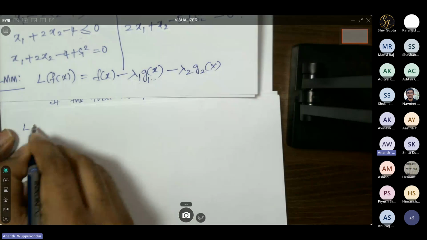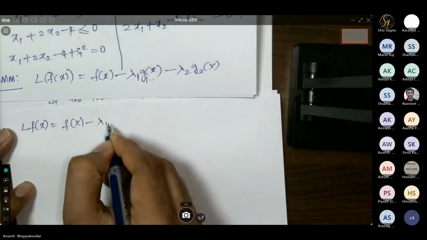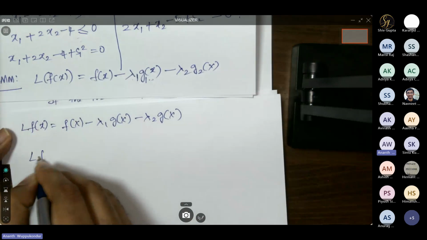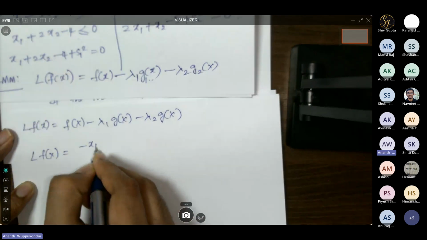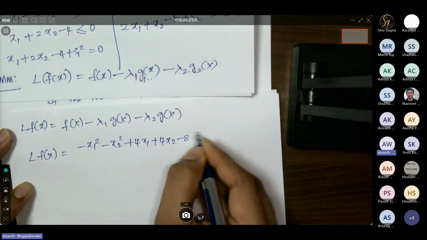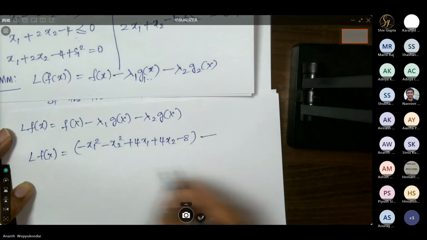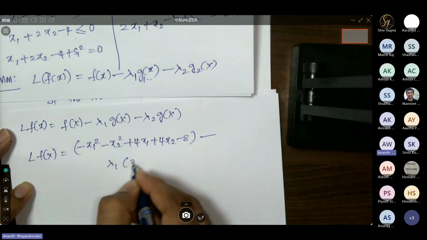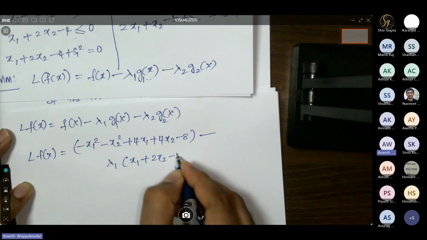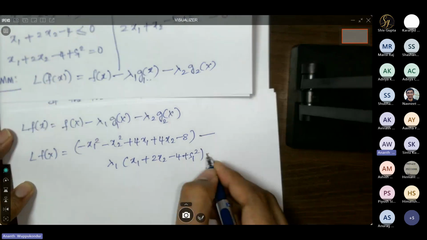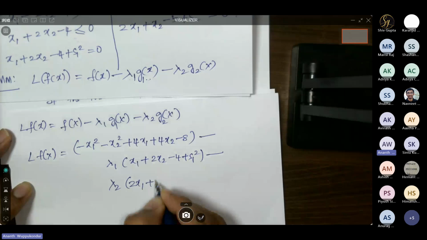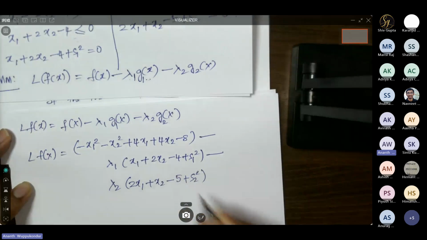Using this, what we would get is the Lagrangian L equals x1 square plus x2 square minus 4x1 minus 4x2 plus 8, which is f of x, minus lambda 1 times g1 of x, where g1 is x1 plus 2x2 minus 4 plus s1 square, minus lambda 2 times g2 of x, where g2 is 2x1 plus x2 minus 5 plus s2 square.